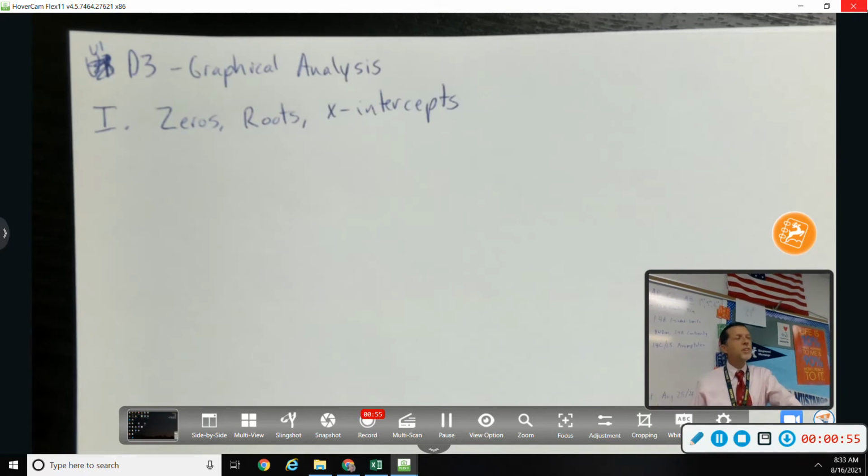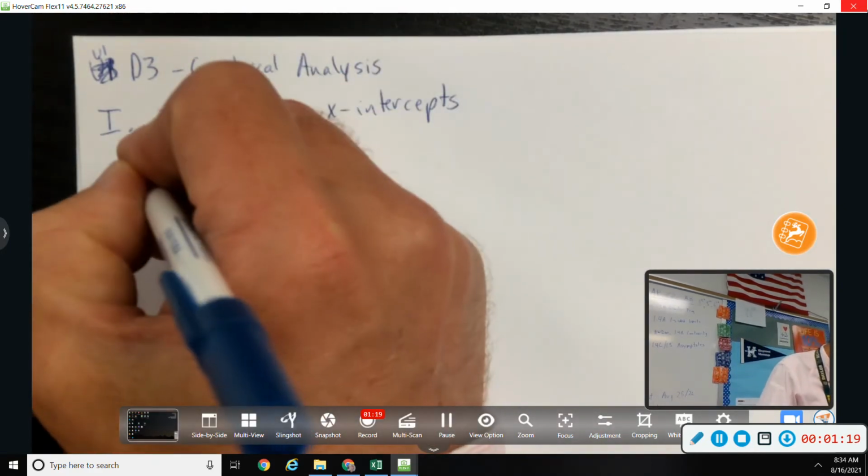We just need to make sure we know that there's different words that mean the same thing. So this is especially, well, I won't say especially during calculus, but it's pre-cal as well. We'll use different words. It's kind of just a vocab test. So I can say find the zeros of this function, find the roots of this function, find the x-intercepts of this function. That's all the same thing. So you just have to know the vocabulary.